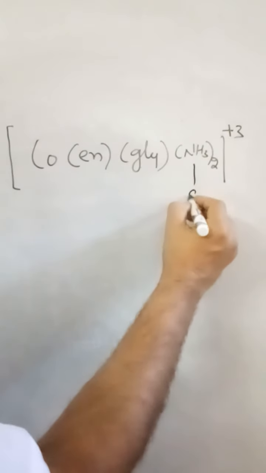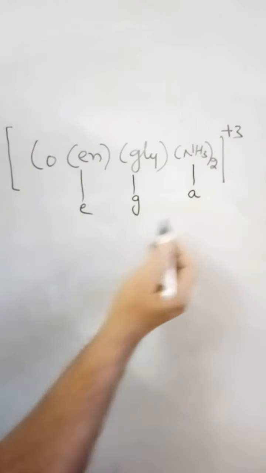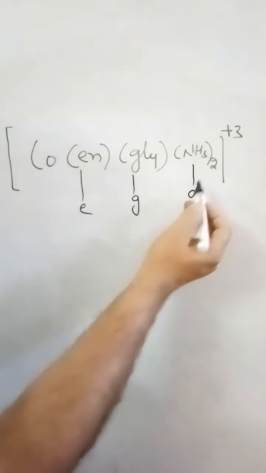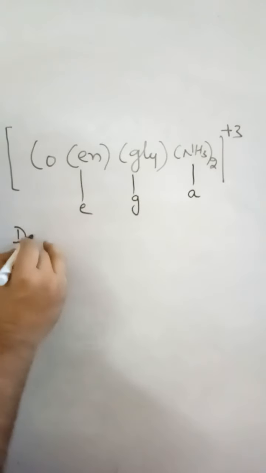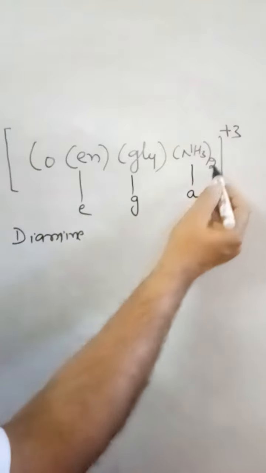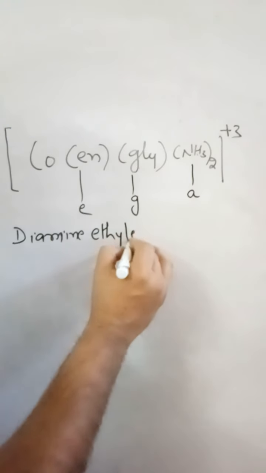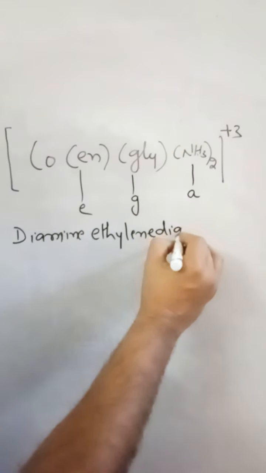Its name starts with A, G, and E. So first we name ammonia. So this is diammine. Then the name of en is ethylenediamine.